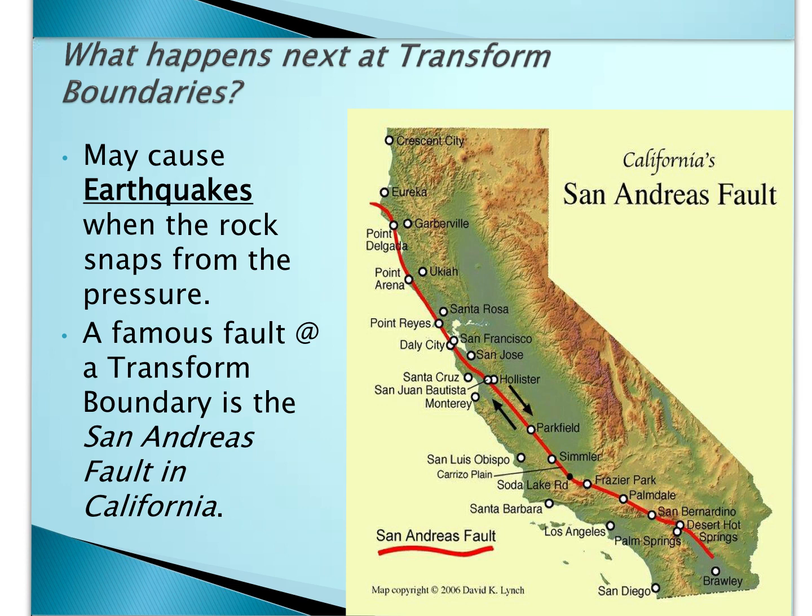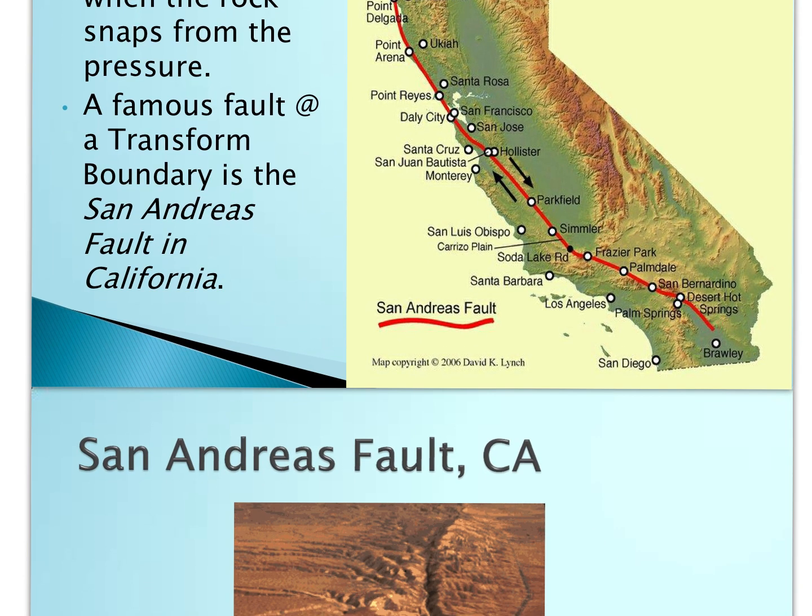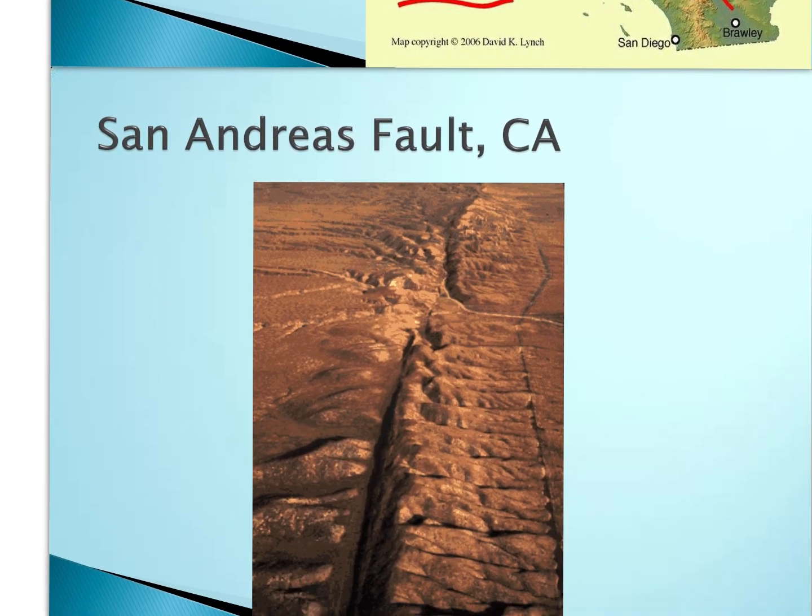All right. So your San Andreas, as I said before, it's a long transform fault along much of the west coast of the United States. It's a nice little picture.